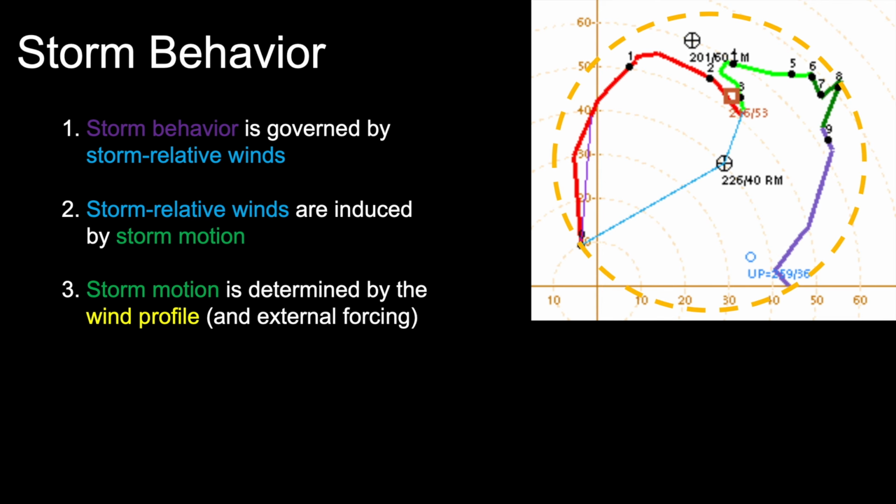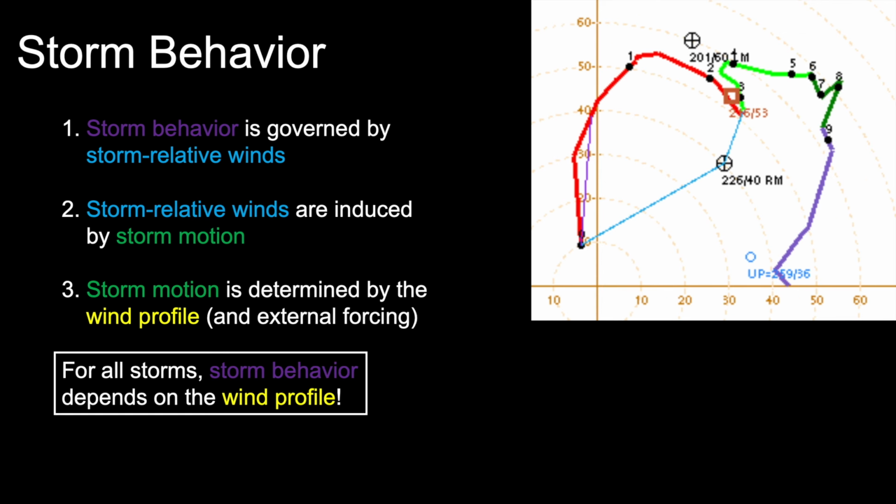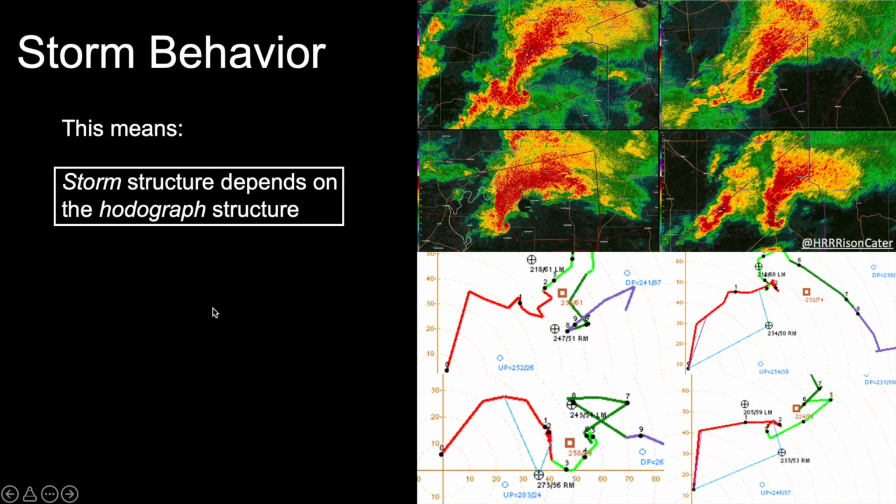So what we can say here is that for most storms, especially when there's not this external forcing, the storm's behavior depends on the wind profile. And what this means is that the storm structure depends on the hodograph structure. This is just a really eerie comparison between multiple, really long track, intense tornado producing supercells and the hodographs that they're associated with.